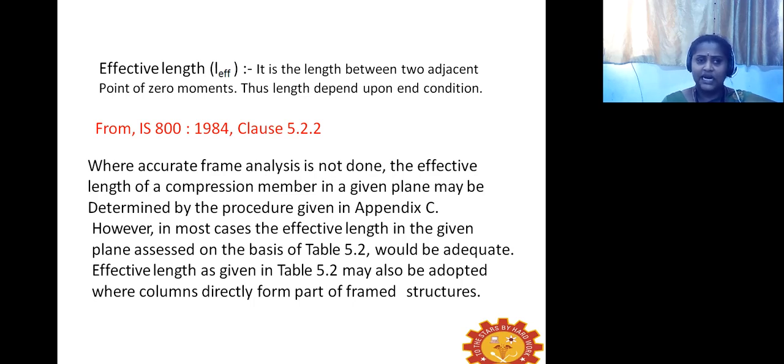It is not connected. So such supports will be able to resist only vertically downward forces. They won't resist any shear or any moment. That kind of support we call simply supported.